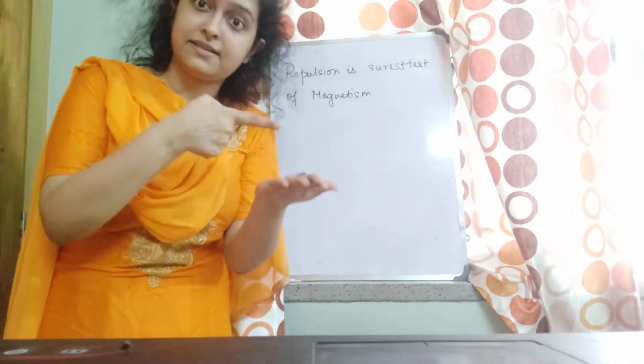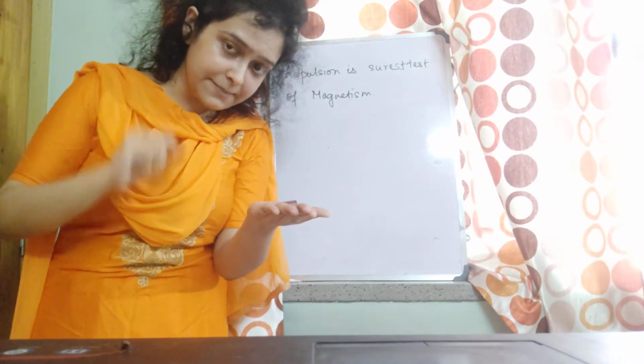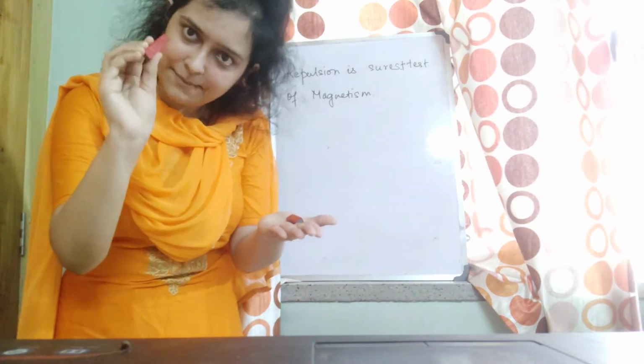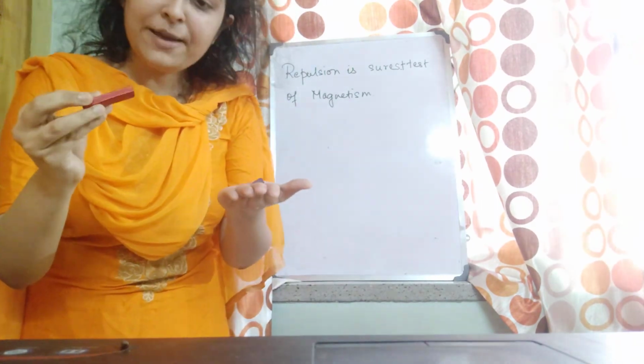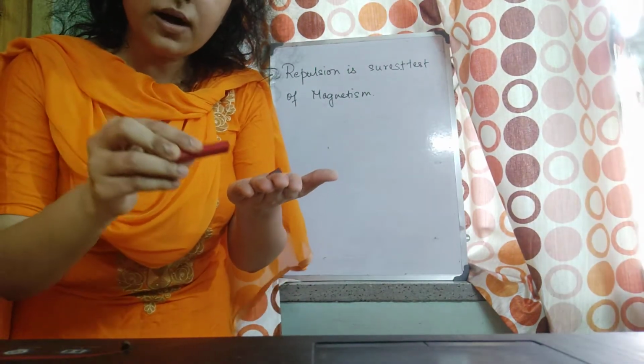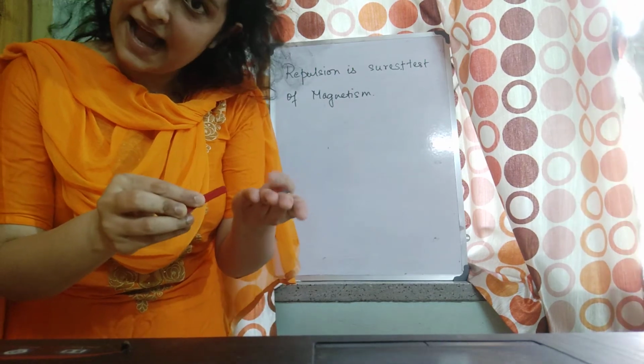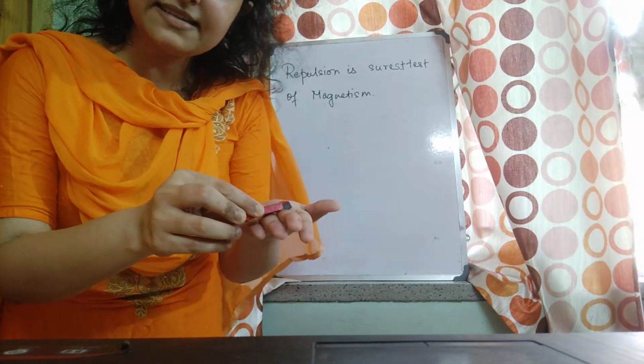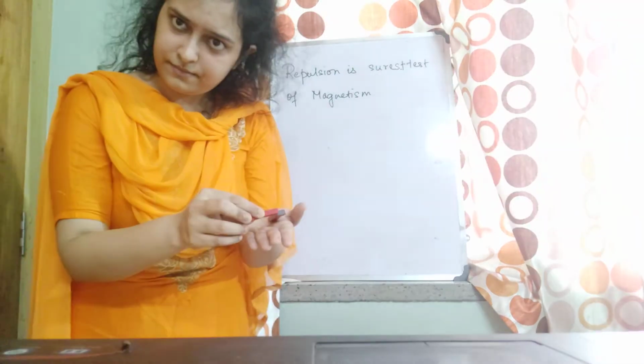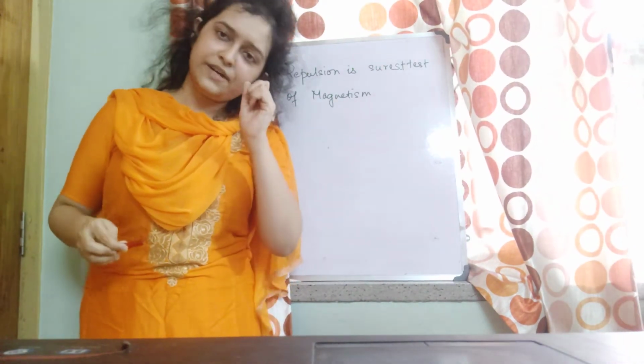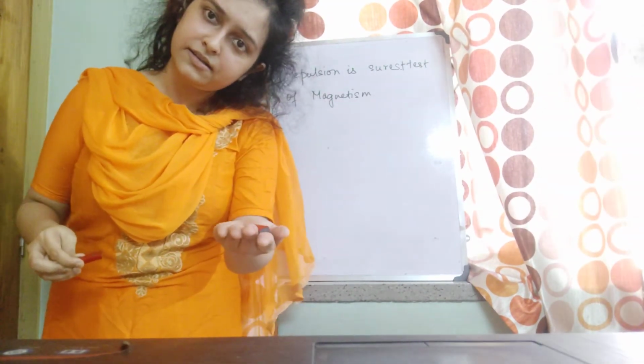If I bring this known magnet towards the substance in my hand and see that it's getting attracted, can we surely tell that this is a magnet?